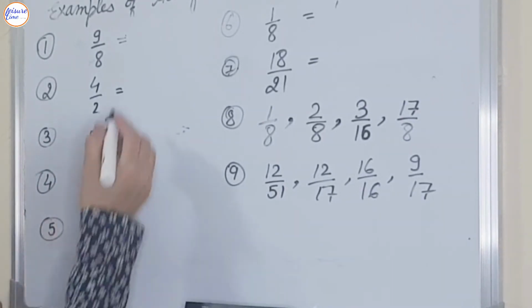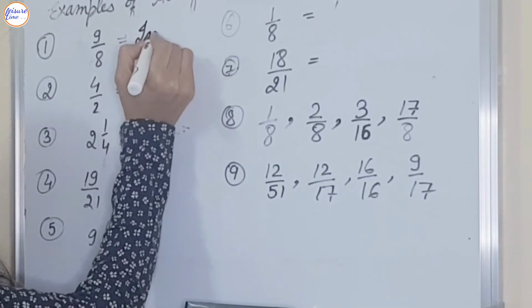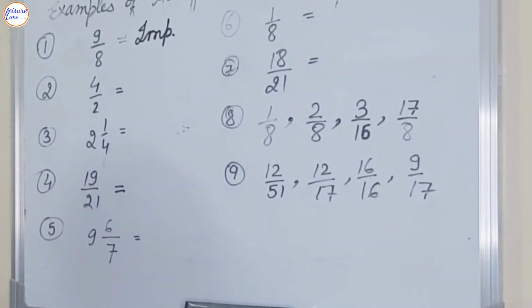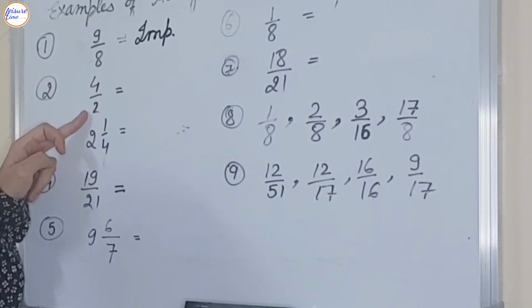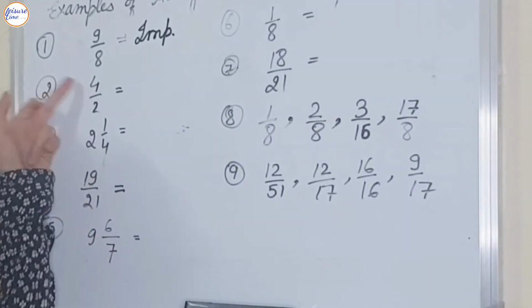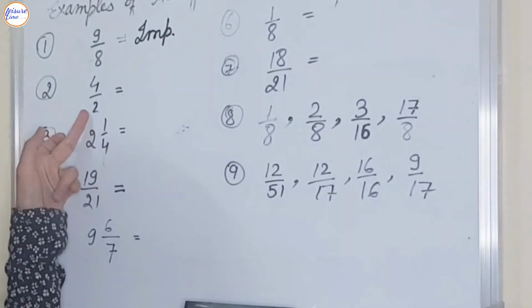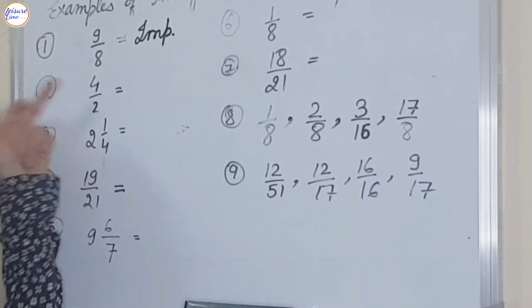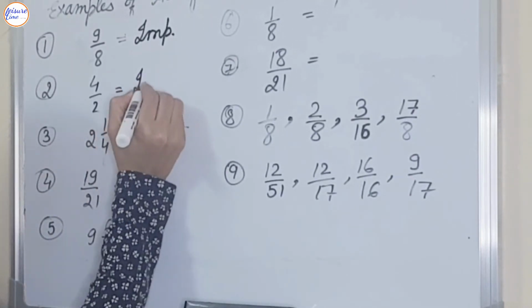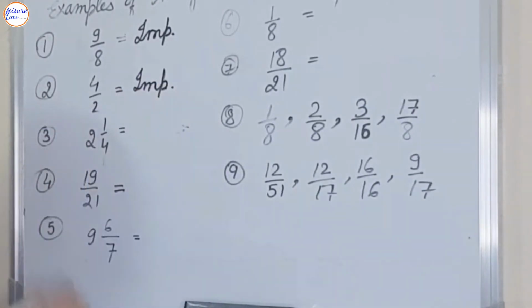This kind of fraction is an improper fraction. Now the next example, 4 divided by 2. Again the numerator is 4 and the denominator is 2, so the numerator is greater than the denominator. This fraction is also known as an improper fraction.